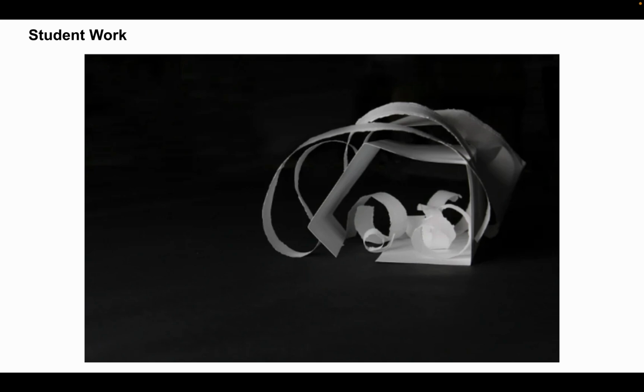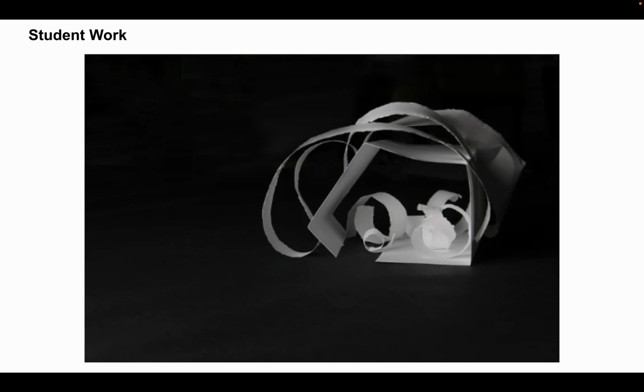So here are examples of student work from the past, just so you can see what students have done. So this student went very sculptural with their setup. Students were given part of the class before to create their setups and scenarios and what they wanted to do.